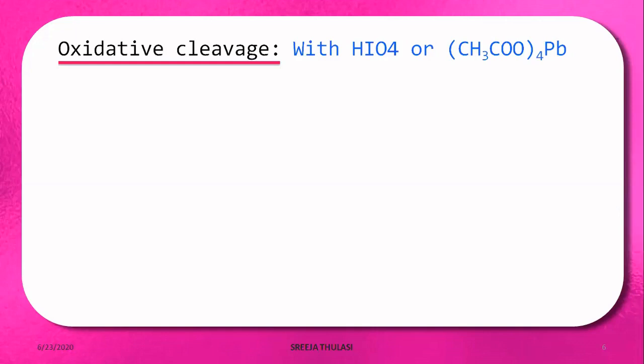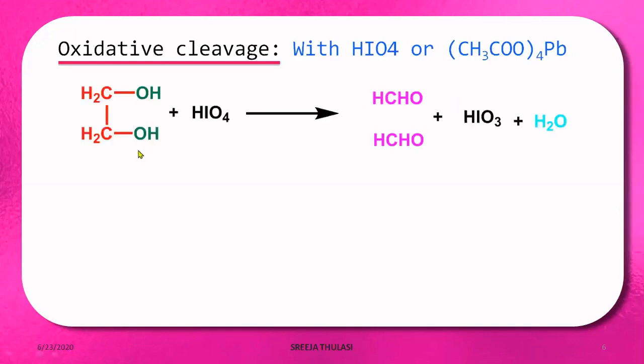So, when ethylene glycol is oxidized with periodic acid or with lead tetraacetate, oxidative cleavage, that means cleavage of the carbon-carbon bond, occurs with the oxidation of the two ends.